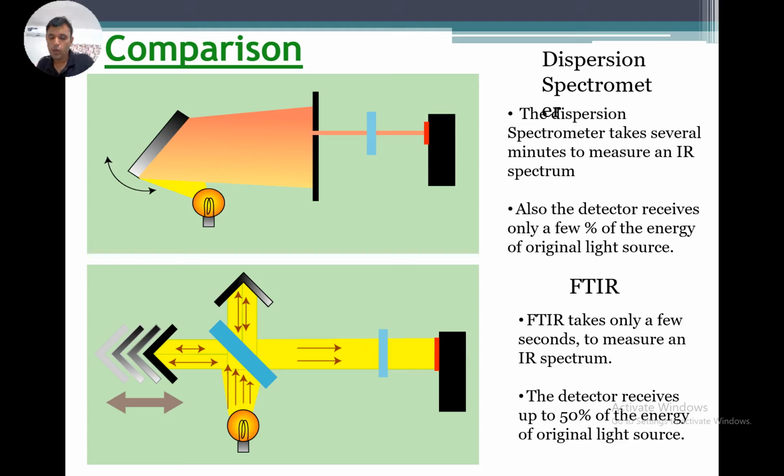If you radiate a sample with higher radiation, it may heat the sample. So if the sample is a thermolabile material, it may destroy the nature of the sample, and it also may take a long time. But in case of FTIR, the main advantage is the better resolution and the time factor. I think you may get the points.